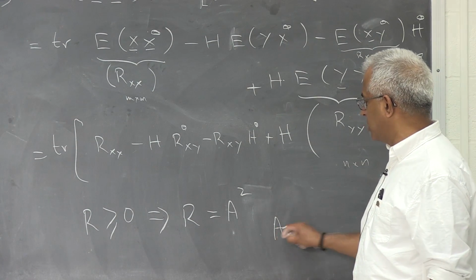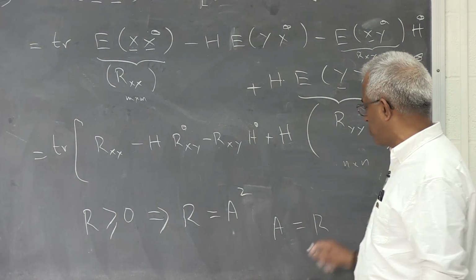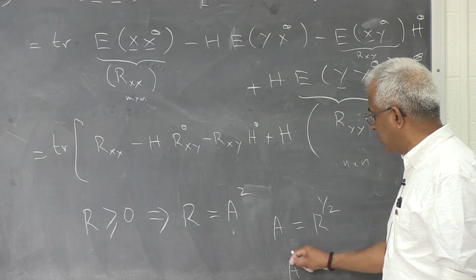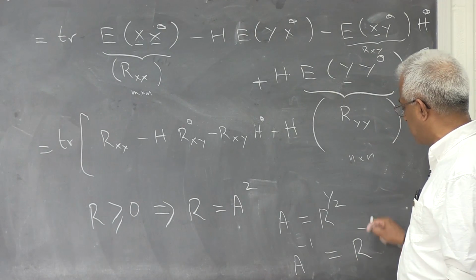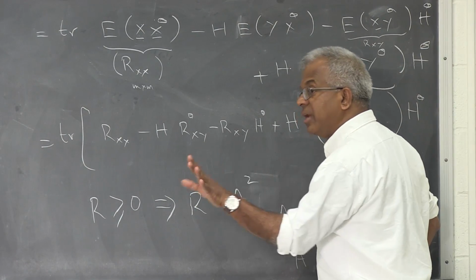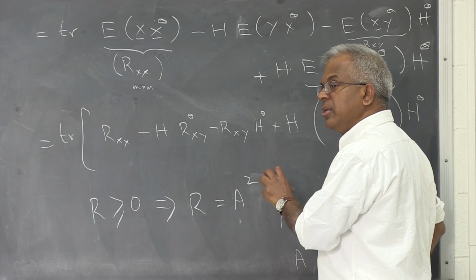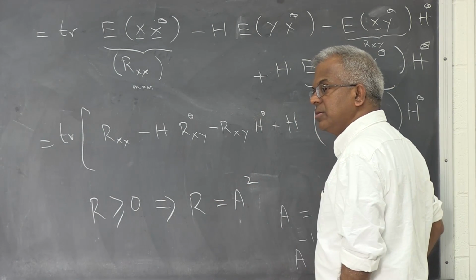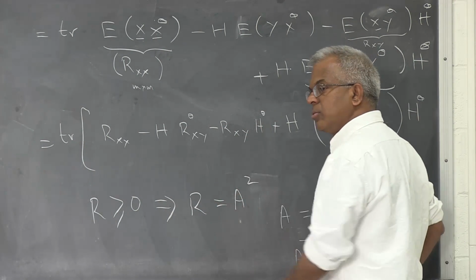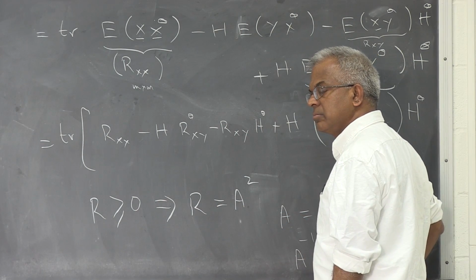Then A, of course, is the square root, or generally we write it like this. Then A inverse is what we mean by R to the power minus half. How to find A is a different issue. If you know eigenvalues and eigenvectors, it's easy. So this should motivate you to go and read something and figure out. This is the way you learn also, right?